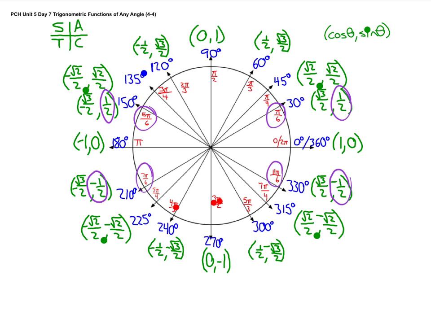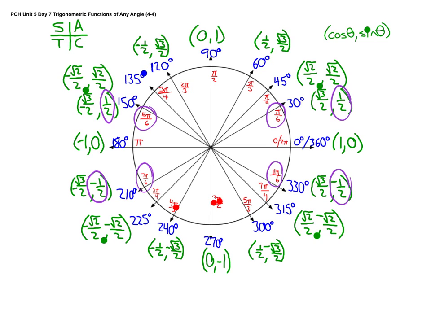Now, how come it's negative some places and positive other places? You're going to different quadrants. You're reflecting across the x and y axis. Different quadrants are reflected across the x-axis. When we reflect across the x-axis, it makes the y coordinates negative.